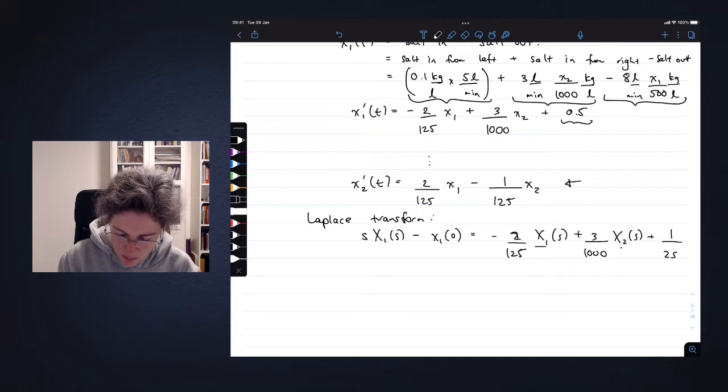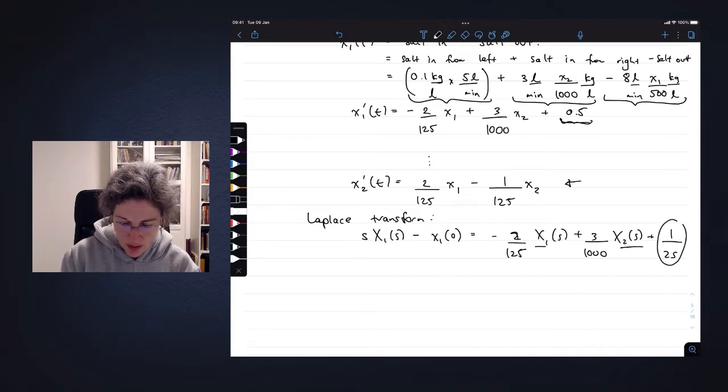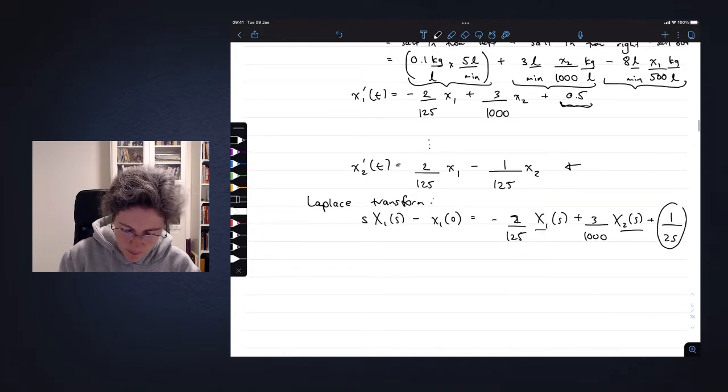So we've just Laplace transformed x1 and x2, and the Laplace transform of a constant, remember, is 1 over s times the constant, and there's our 2 coming through.